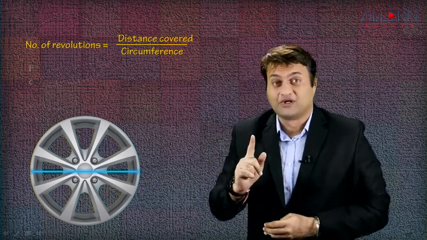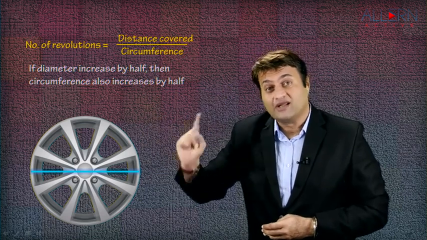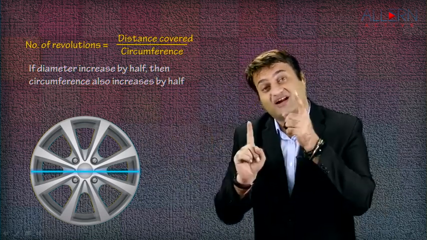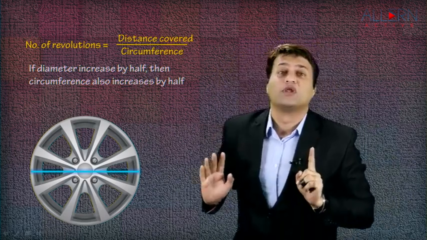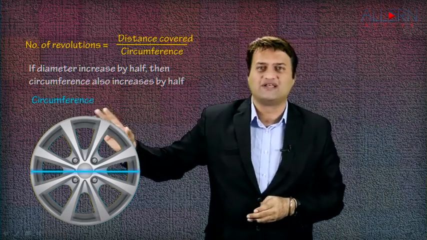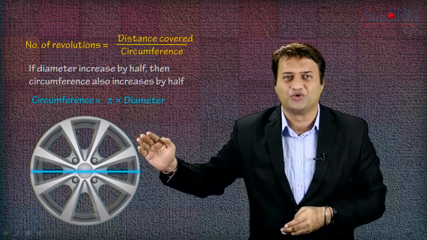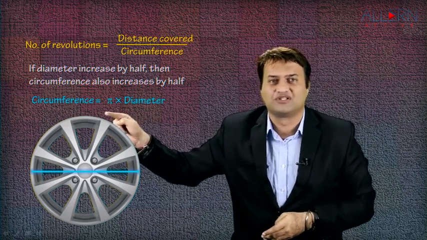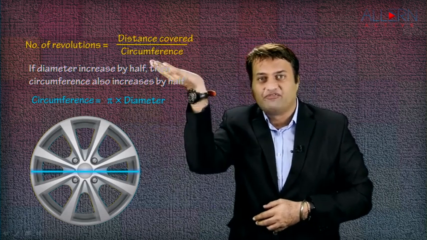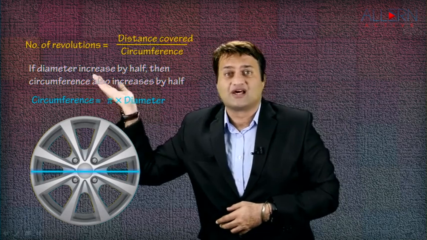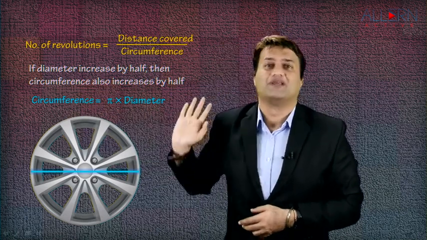Also, always remember this, if diameter increases by half, then circumference also increases by the same quantity, that is by half. Always remember this, because circumference is equal to pi into diameter. Here pi is a constant, the value of pi does not change. So, if the value of diameter increases by half, circumference will also increase by half only.